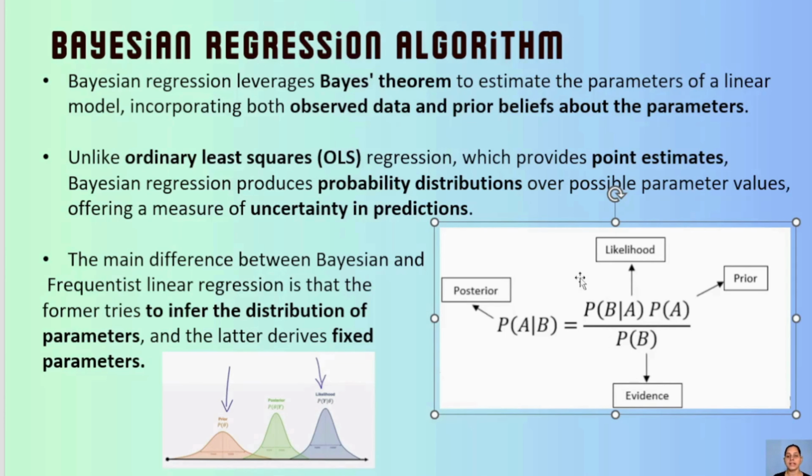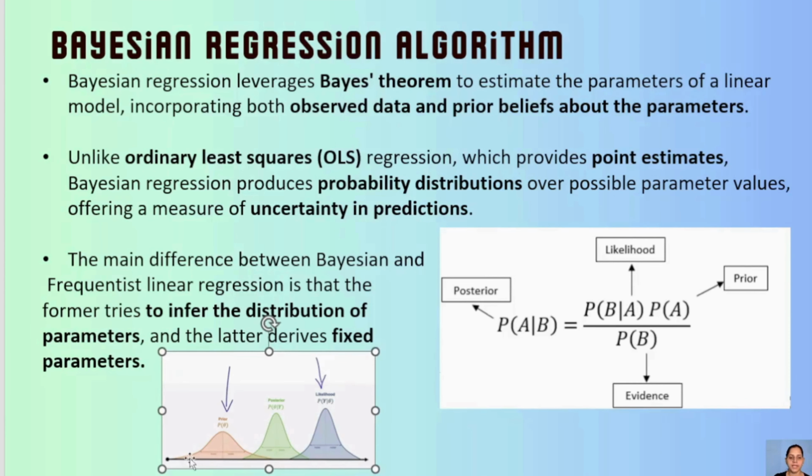Then likelihood is how the event behaves given the hypothesis. Then posterior is the output based on the hypothesis which you are going to get. These are the terms associated with Bayesian regression, and we will understand each in our upcoming slides.